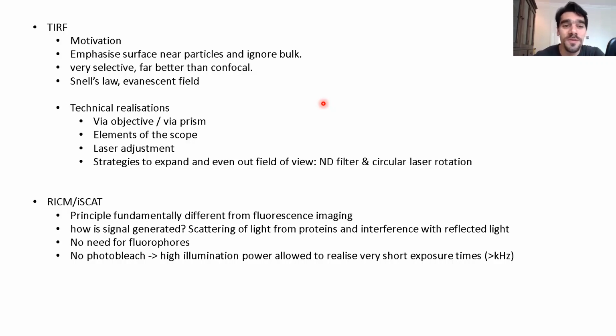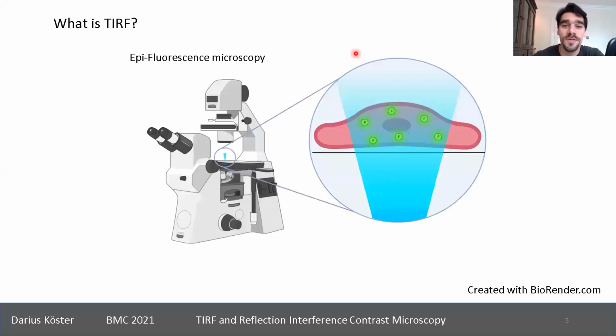So first of all, the technicalities. TIRF microscopy: why, and what is it? I'm sure you're all very well familiar, maybe better than I am, with typical fluorescence microscopy techniques such as epifluorescence microscopy. If you have a cell and you express fluorescent proteins in there, and then you shine the light through the whole cell, of course you also collect the signal of the entire protein population inside the cell, no matter where it is.